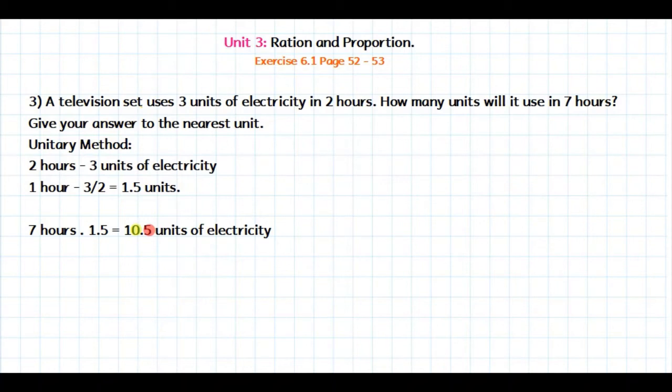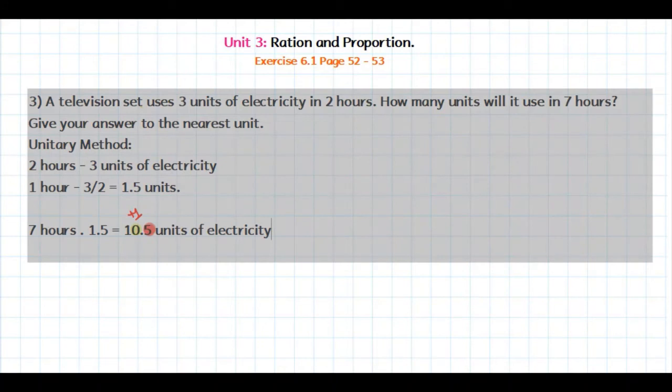And according to the rules that we have learned in the previous units, I mean unit number 1, if this number is greater than or equal to 5, I have to add 1 to the unit that I have to give, okay?